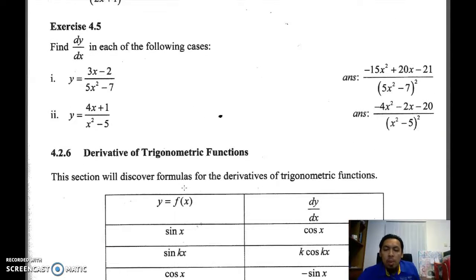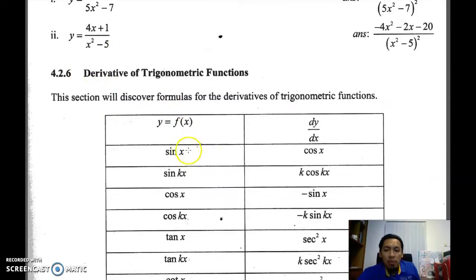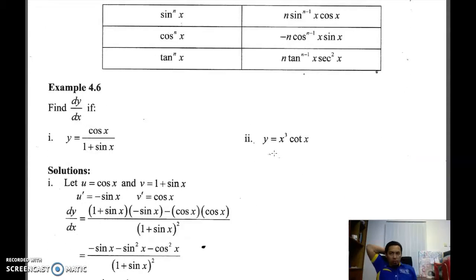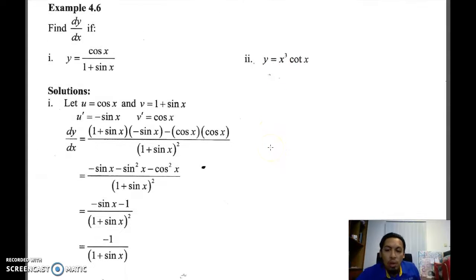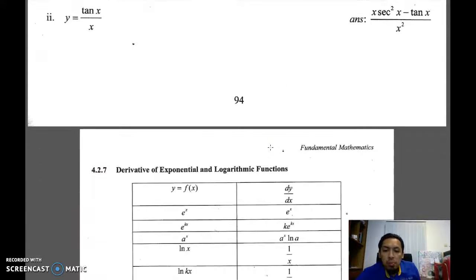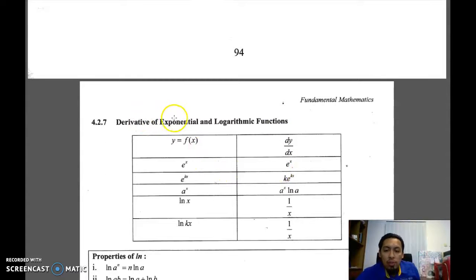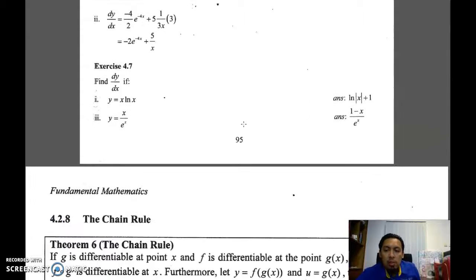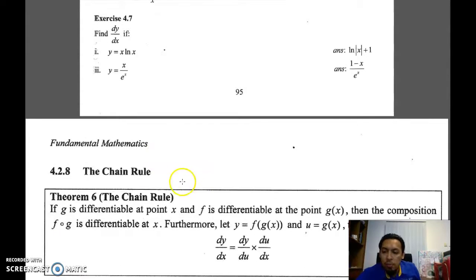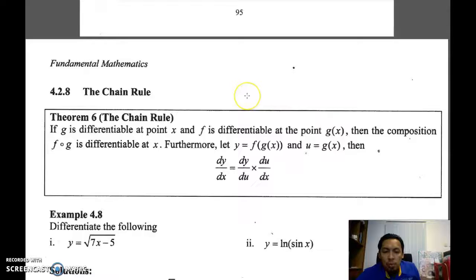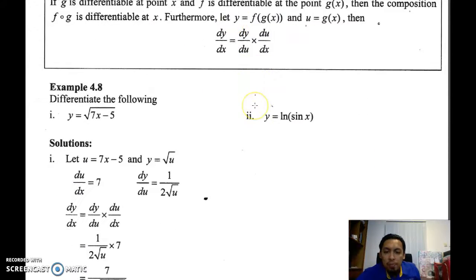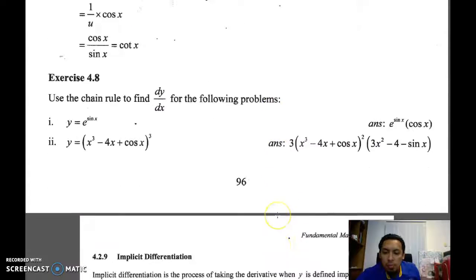Of course, we have the derivative of trigonometric functions, when you encounter a function that involves trigonometry, sine, cos, tan, and how we're going to deal with it. We also have the derivative of exponential and logarithmic functions. We are going to talk more about this in the next video. We also have the chain rule, where several functions are mixed together.